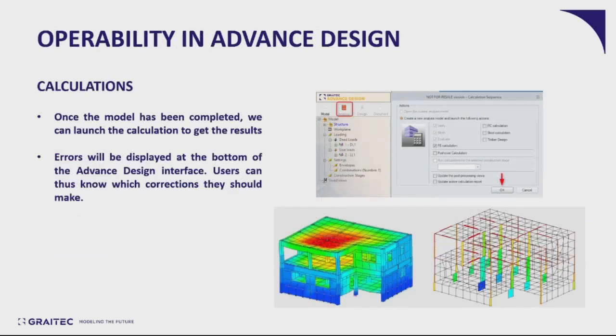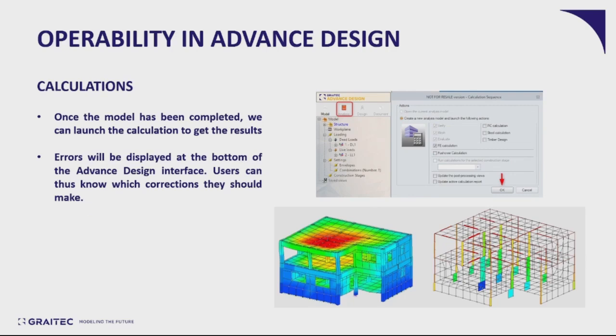After fixing any errors and the model is verified and evaluated, the analysis and design can be performed, finite element calculation can be run, and any errors will be displayed at the bottom of the Advanced Design interface, so the user knows any corrections that they need to make.